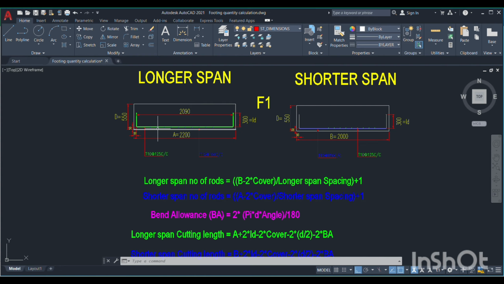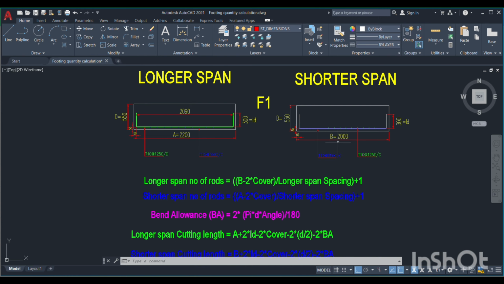And when you are taking the shorter span rods, we have to take the longer span length, because the spacing is like that. When you are taking the spacing, we need to take the opposite direction, and we have to add +1 for the total numbers.